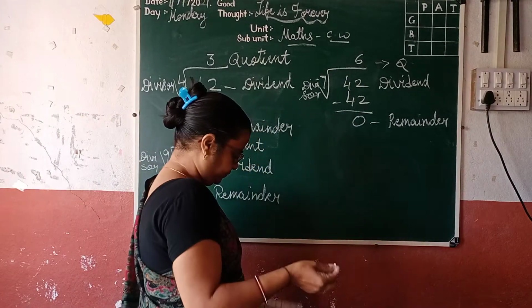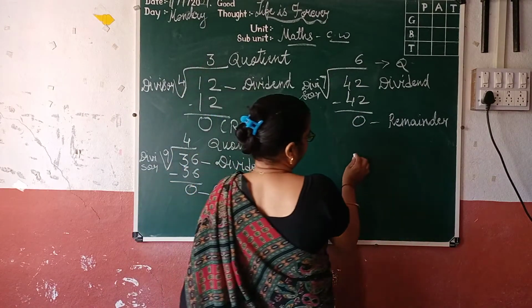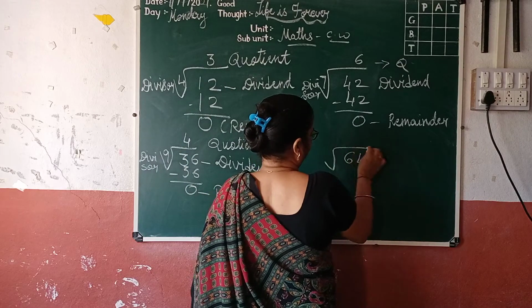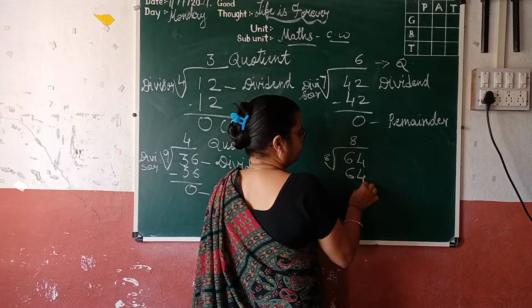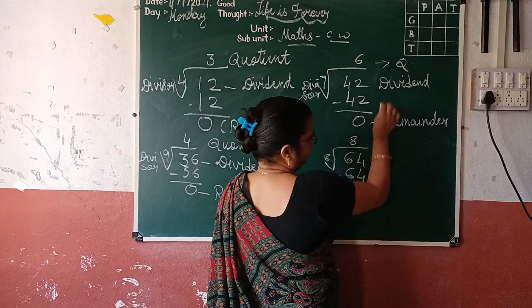Now next, 64 divided by 8. So 8 8s are 64, minus, 0. Same way you have to write it.